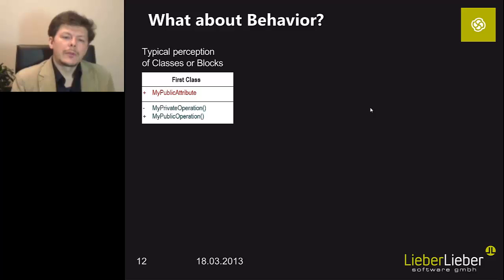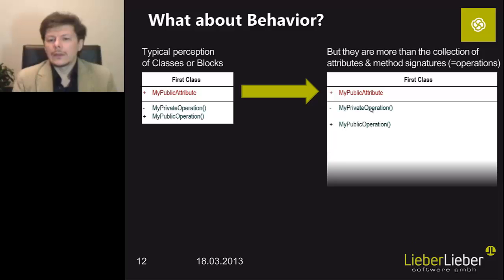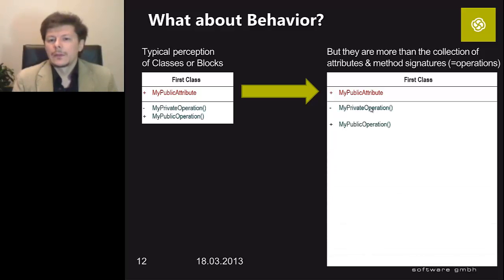Here you see the typical representation of a class or a block in a model. Class has some attributes and some operations. That's it. But SysML or UML defines more. A class or a block is much more than just a collection of attributes and method signatures. Operation is a method signature.